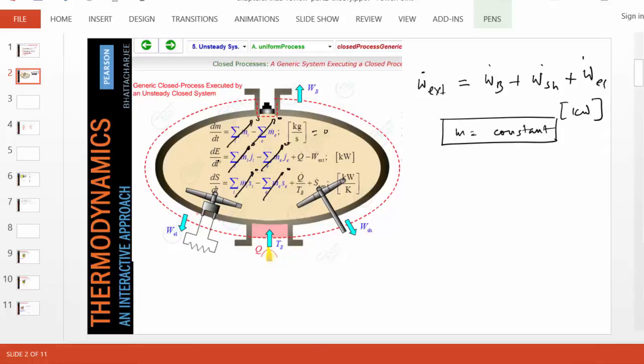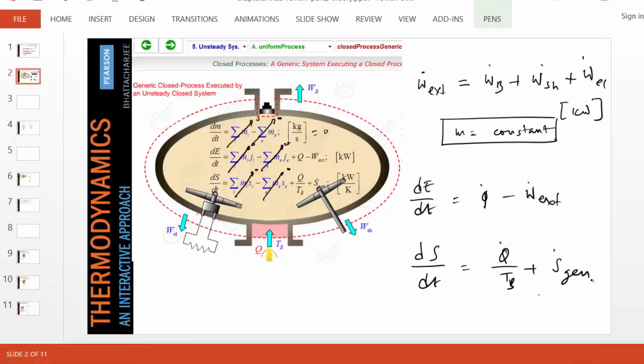Notice that the energy and entropy equation becomes simpler too, so these are the unsteady equations for a closed system. Let's see how we can simplify this equation further.